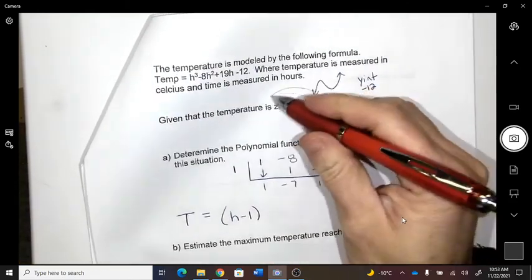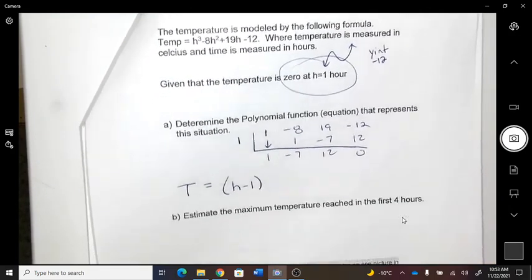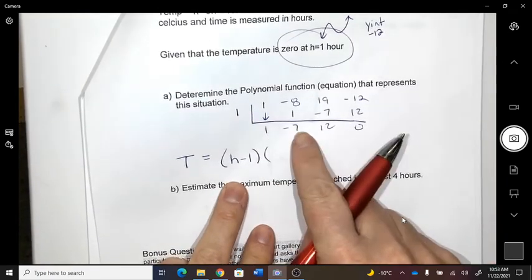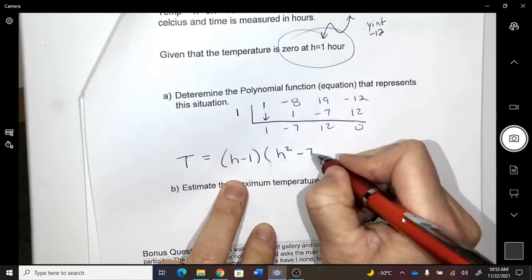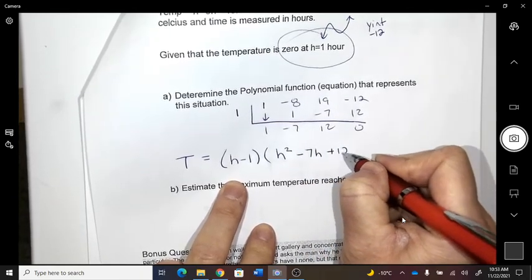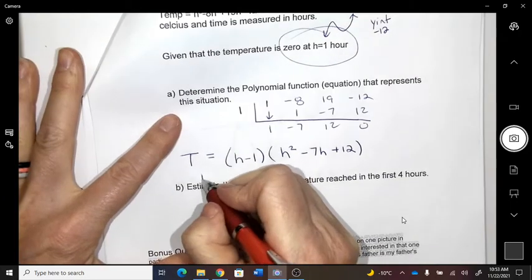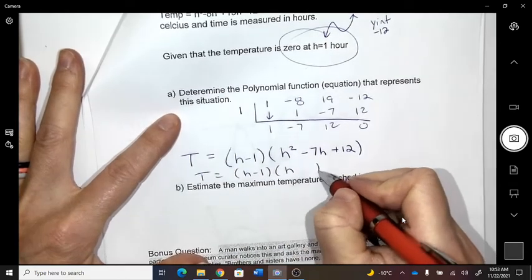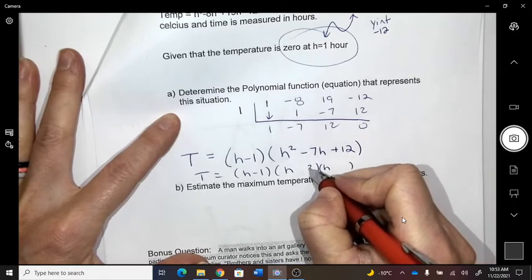Because that was the first x-intercept, right? H minus 1. And then this is what? 1h squared minus 7h plus 12. So temperature equals, and then can we break this by hand here? 3 and 4.